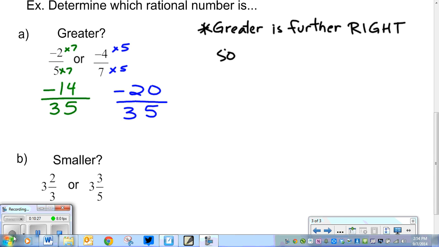If we're thinking on a number line, 10 is further to the right than 5 is, so 10 is the larger value. Same thing with negatives. If we have a negative, we want the one that is further to the right or closest to 0. So in this case, negative 14 over 35 is the larger value because it's the one that's further to the right or closest to 0.